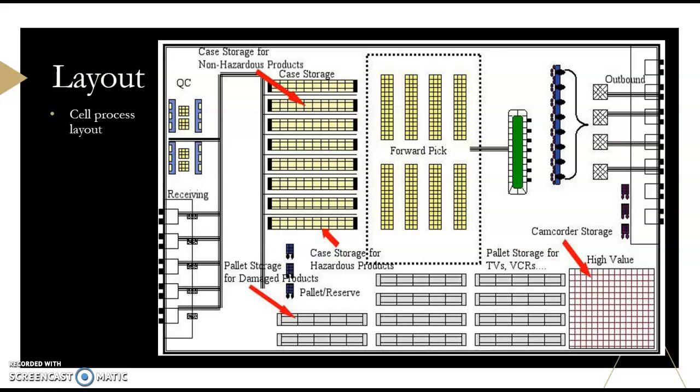The functional layout is just simply things having their fixed, designated areas. So as you can see here, you got storage areas, you got forward picking, you got more storage over here, again for high value or just regular products that aren't super high priority.